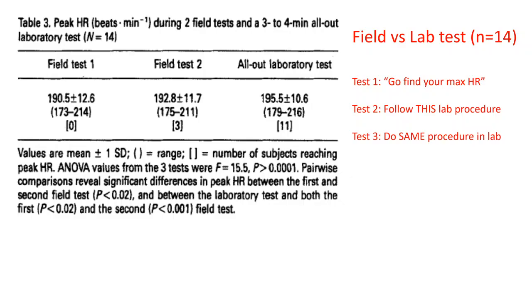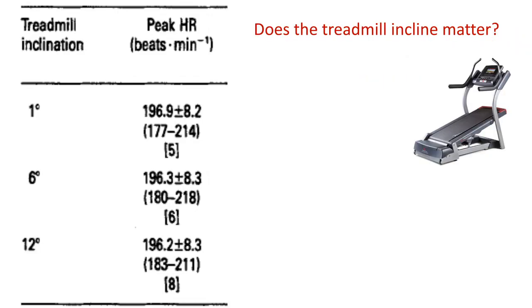It may be because also if they were running on roads, there may have been small changes in incline that would mess up or result in them not running at maximum speed near the end of the test. It's hard to say, but in general, the laboratory conditions gave better, more predictable true heart rate max values, or at least higher values.